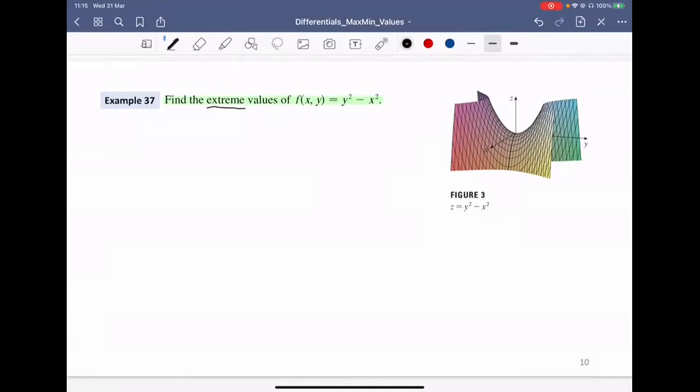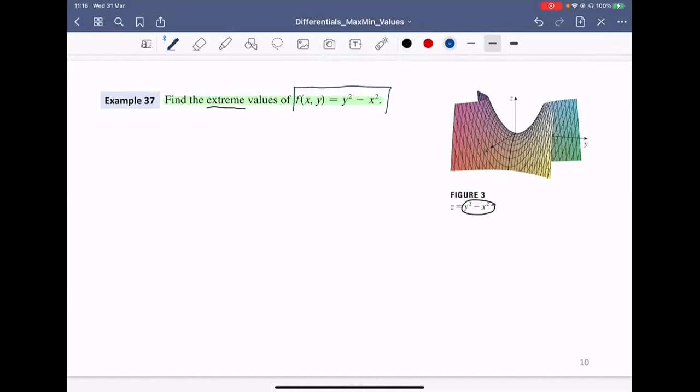Now, figure 3 here. If you put y squared minus x squared into a computer that can graph, you can see the graph online, and you're going to get this picture. Let's skip the picture first and look at the equation.